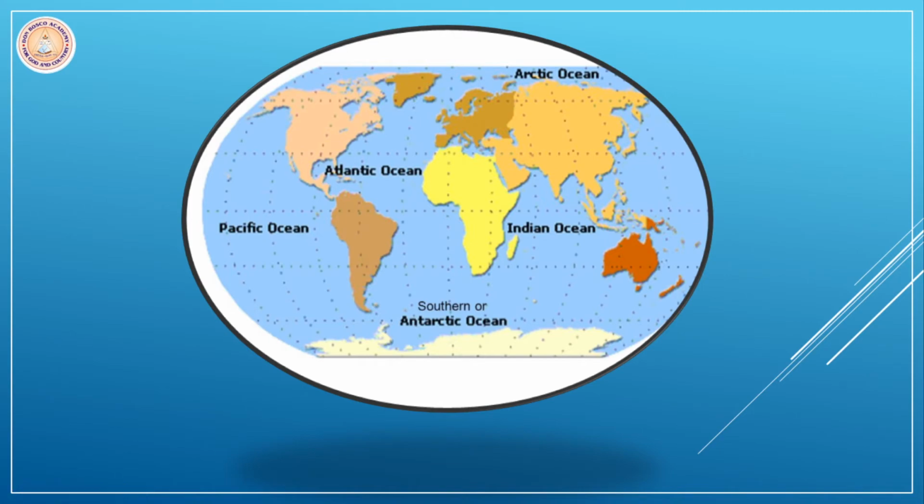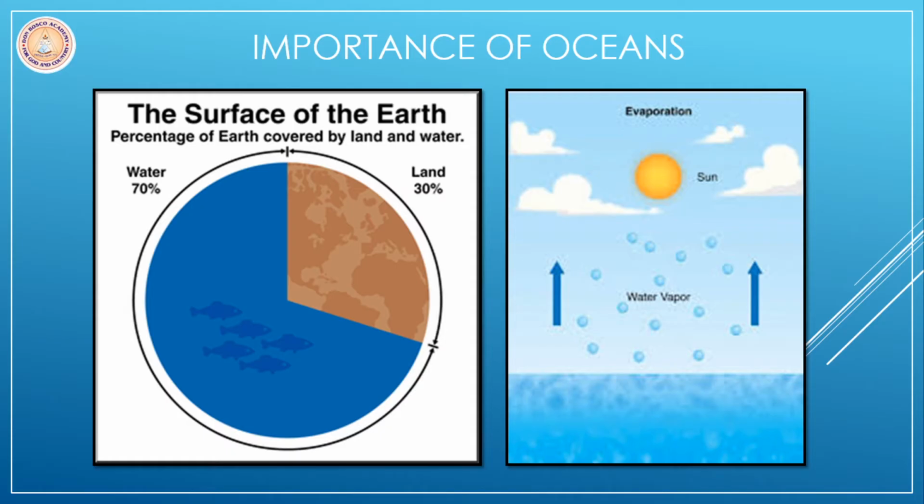Now, as far as the importance of oceans is concerned, oceans comprise nearly 70% of the Earth's surface, and they occupy 70% area of the Earth.